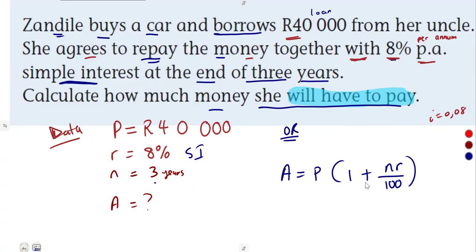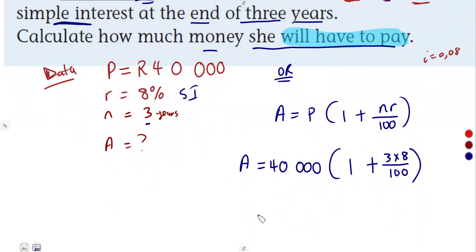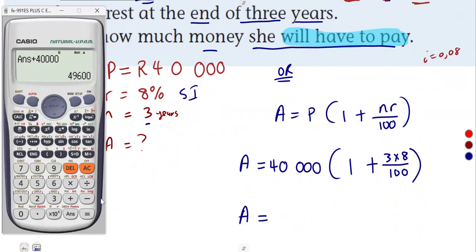This one gives us the answer directly. So A is equal to 40,000 open bracket 1 plus N, the number of years, that is 3, times our R, which is 8, everything over 100. It is going to give us the accumulated amount at the end of the day, which we can just get using our calculator directly.